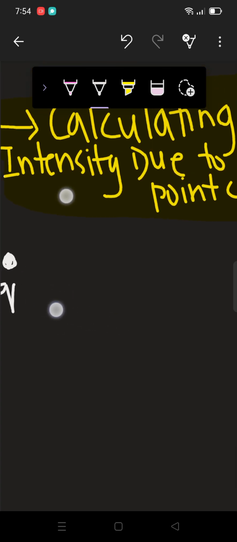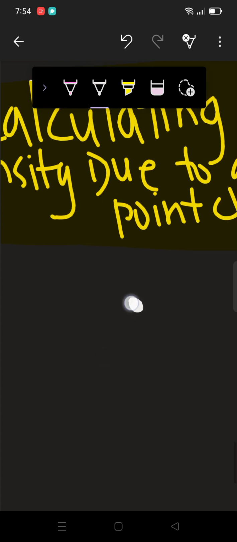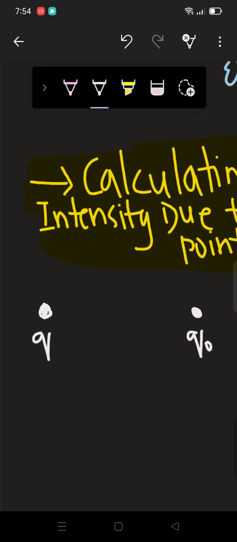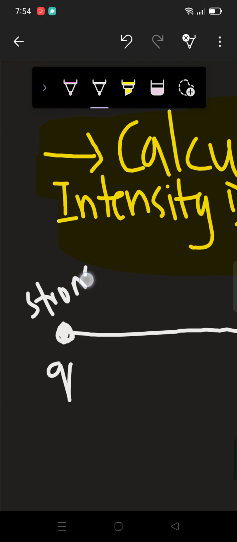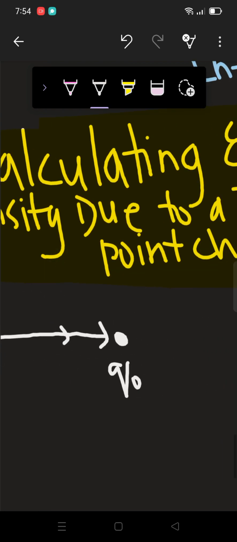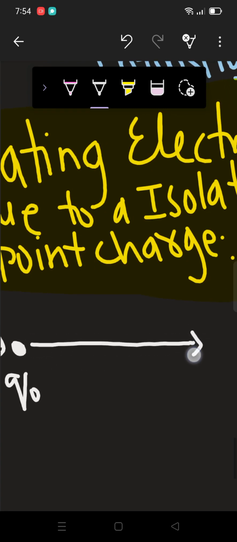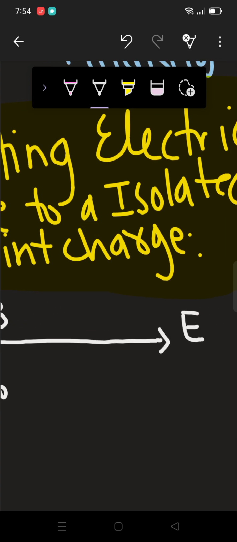Okay, so suppose I have a charge here, Q. This is a source charge, and here I have a test charge or unit positive charge which is denoted by Q naught. Here we know that the electric field lines would be stronger near the source, and farther away it would be weaker.